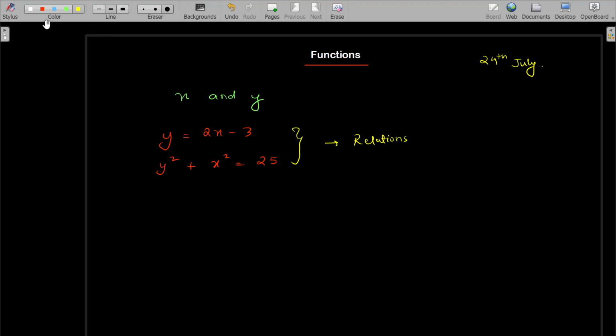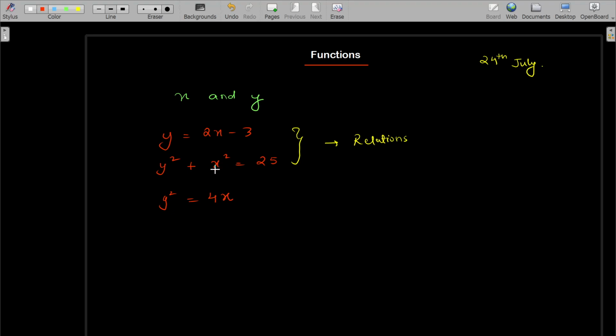So x and y square, what if I have this relation: y square is equal to 4x? Will this be a function? No. So whenever you see a y square term, that will never be a function.